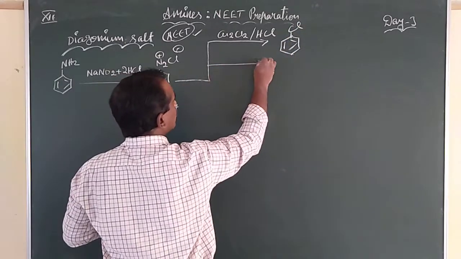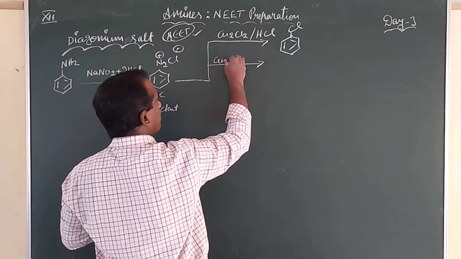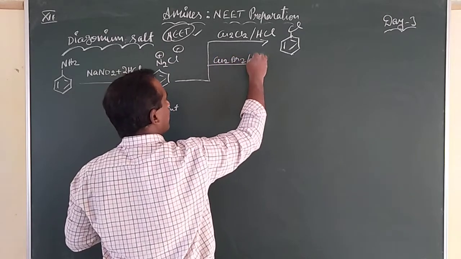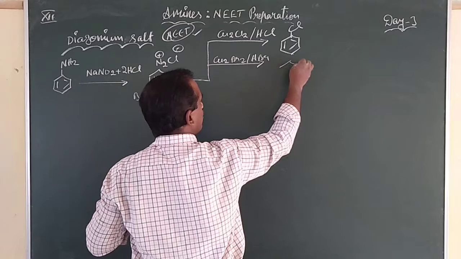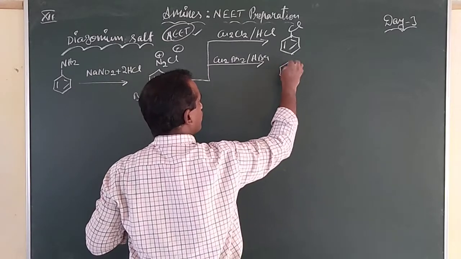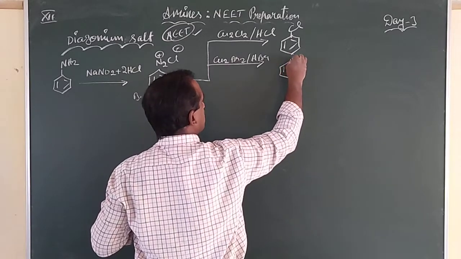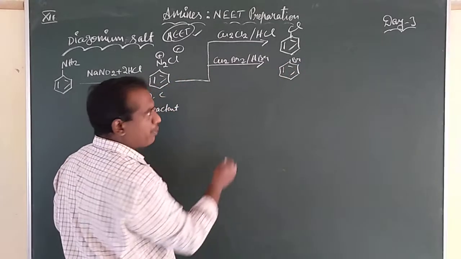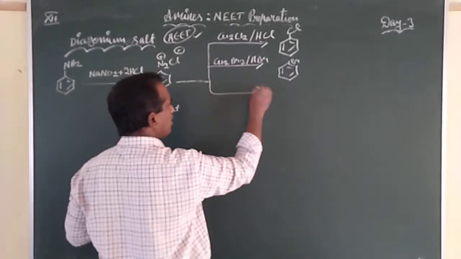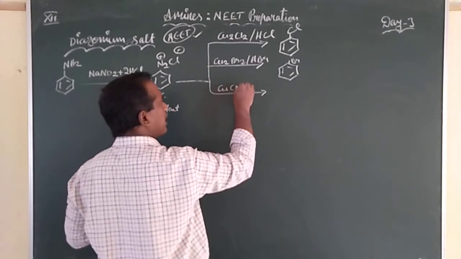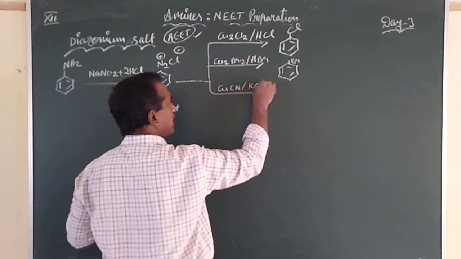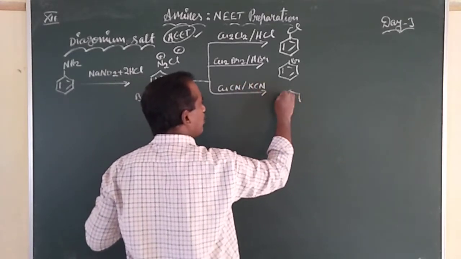If you use Cu2Br2 in the presence of hydrogen bromide, you can introduce bromine here, bromobenzene. If you react with copper cyanide in the presence of potassium cyanide, it is going to form cyanobenzene.